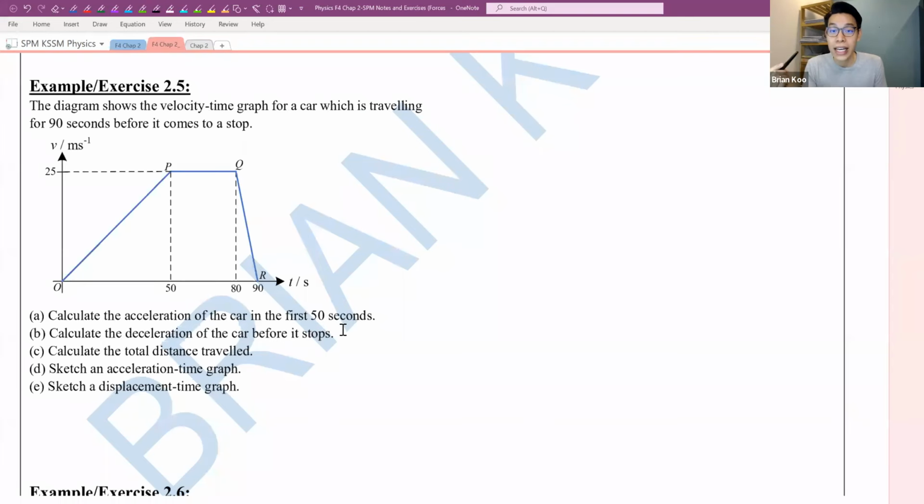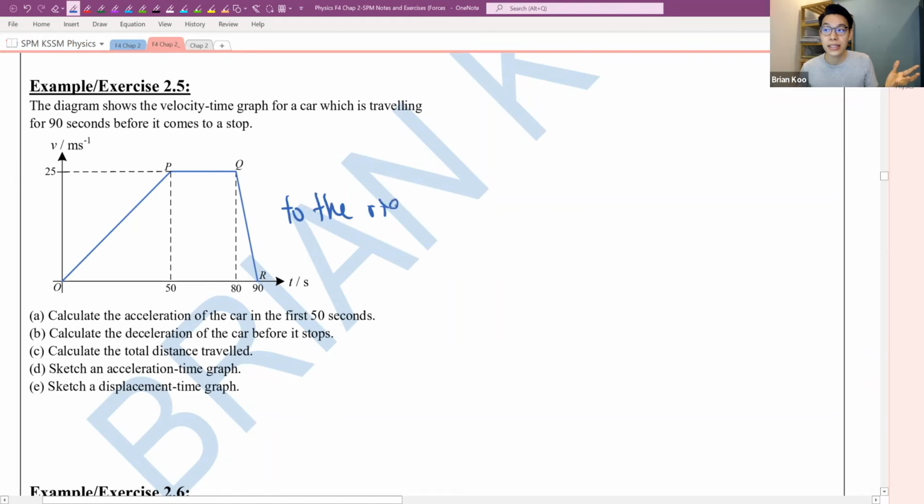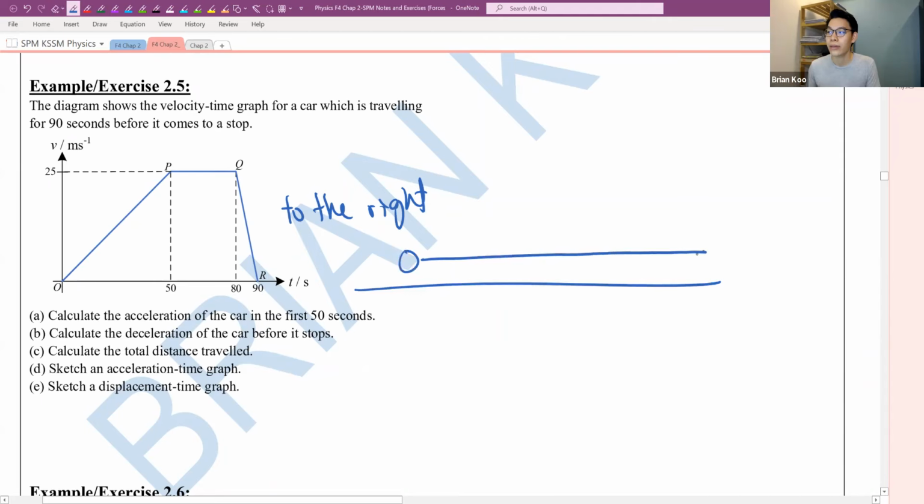Now that you have a better understanding that anything above the axis on a velocity graph means moving to the right, this means that there is no change in direction, because there is no graph down here on the left. They didn't draw any graph like that. So it's all going in one way only, and then it stops there. Now you understand better how it works.